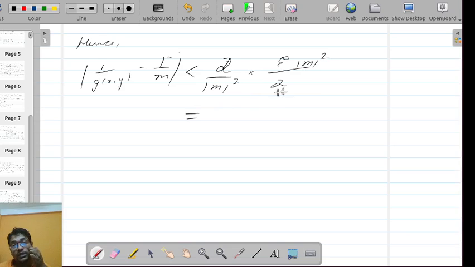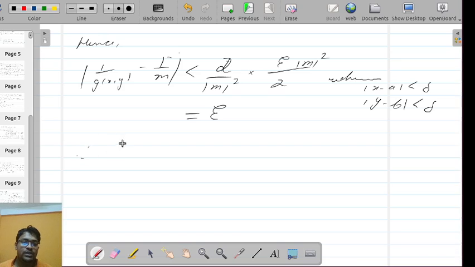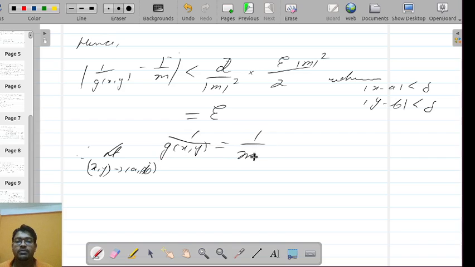So whenever mod of x minus a is less than delta and mod of y minus b is less than delta, this is actually less than epsilon. So therefore what I have proved is that limit xy tends to ab of 1 divided by g of xy is equal to 1 divided by m.